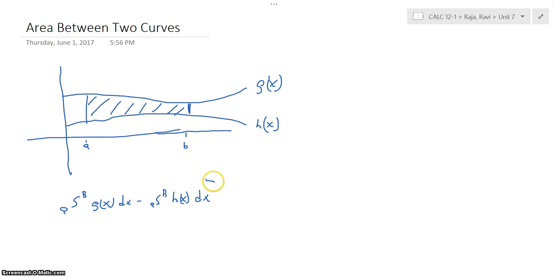We can use that to find the area between these two curves. It is necessary to know which curve is on top and which is below, and you have to use the one above minus the one below.